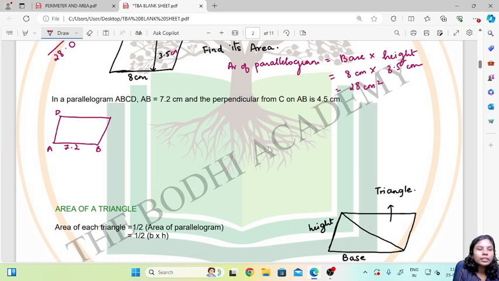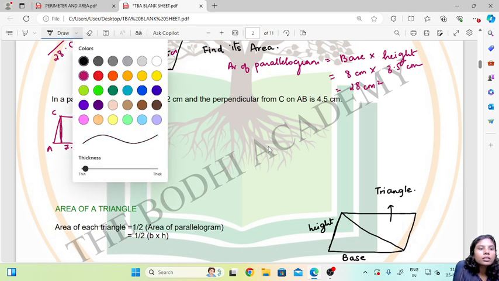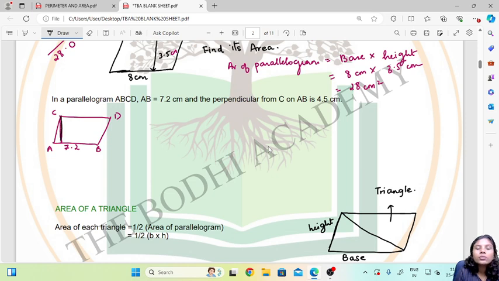Now let's draw it like this. So see, this is C and this is D, A, B, C, D. Now what they are saying is that there is a perpendicular from C coming on to AB. Means it is starting from C and it is coming on to the base, that is AB. So it means that there is a perpendicular here like this. And this perpendicular is, they are saying, 4.5 centimeter.